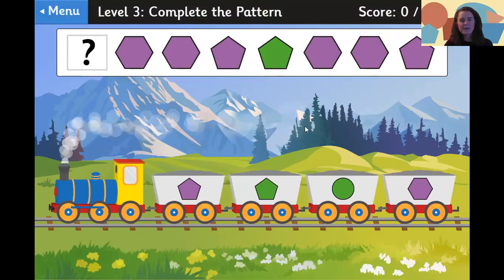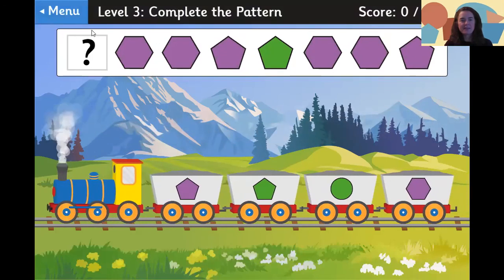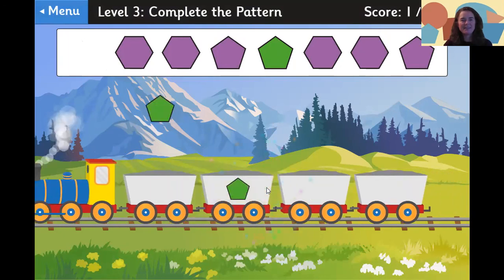Oh, so you've got to fill in the missing pattern at this end. So let's go from the far end. We've got a pentagon, hexagon, hexagon, green pentagon, purple pentagon, hexagon, hexagon. What is going to come next? Well done if you said the green pentagon.